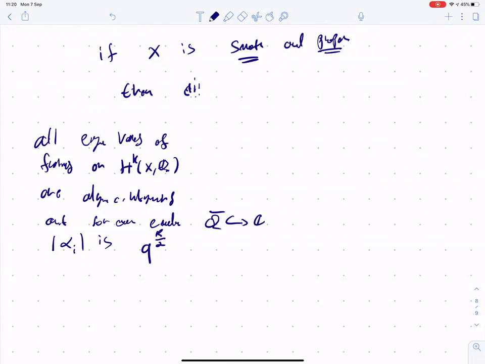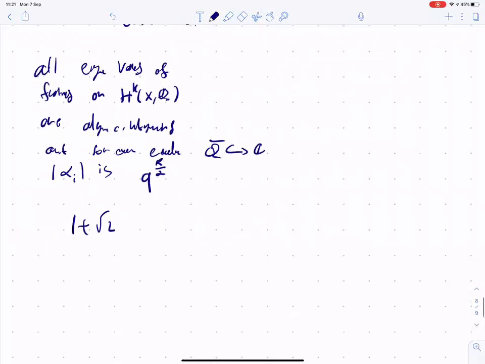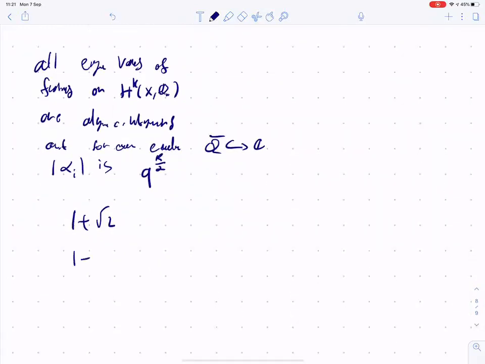So, for example, consider 1 plus the square root of 2. Its other complex embedding is 1 minus the square root of 2.